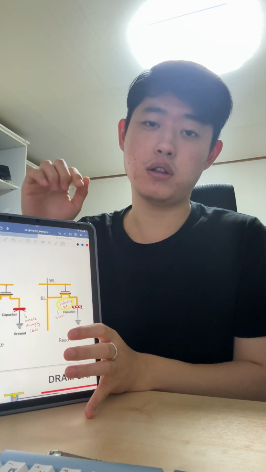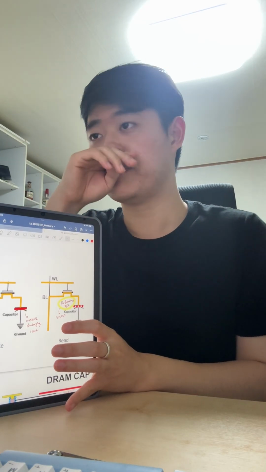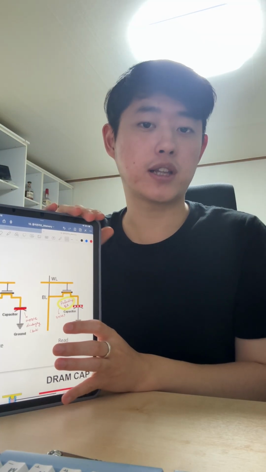This is why SRAM and DRAM are called volatile memory.